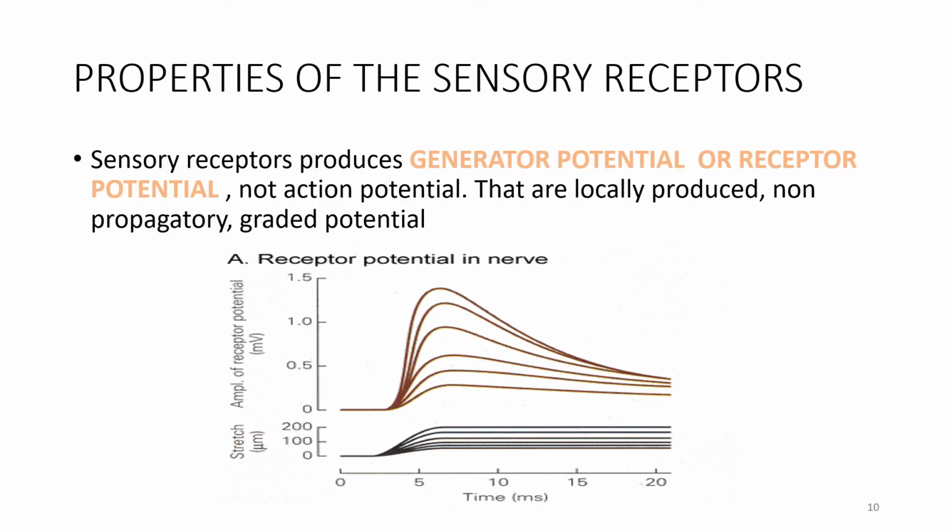Now we come to the properties of the sensory receptor. A sensory receptor produces a generator potential or receptor potential, not an action potential. Generator potentials are locally produced, non-propagatory, and graded potentials. They ultimately lead to an action potential in the sensory nerve.